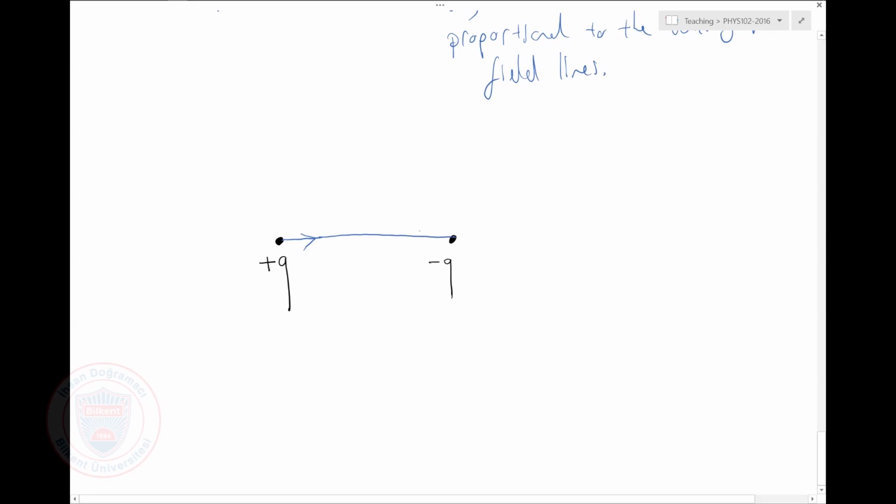On the line connecting plus and minus charge, electric field is always linear to that line. So the first line must be connecting plus charge to the minus charge. What happens if I have a field line leaving this perpendicularly?